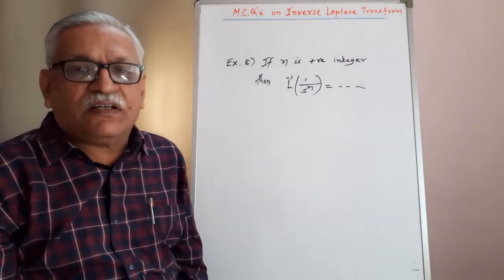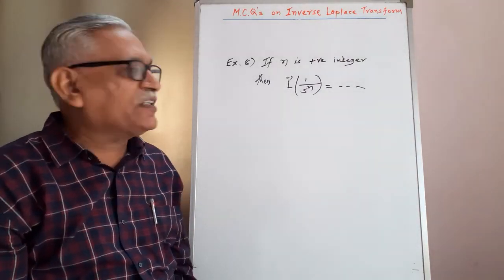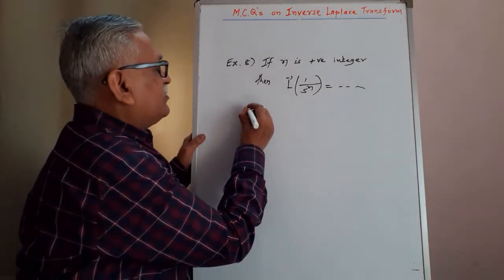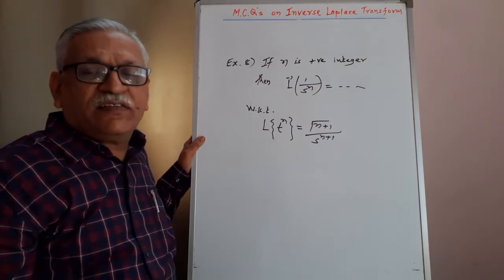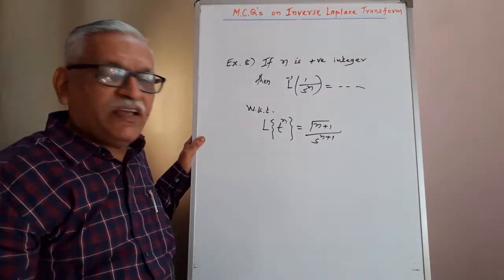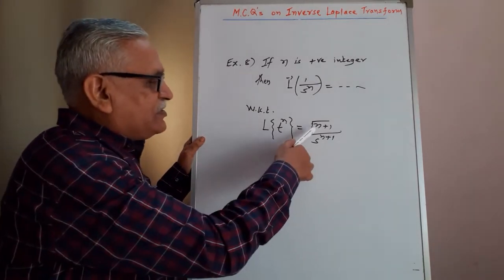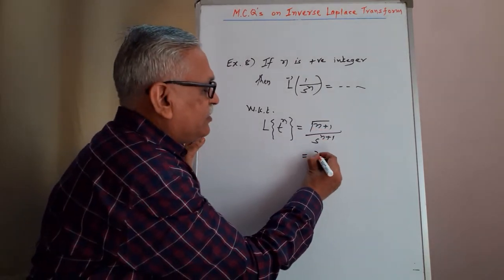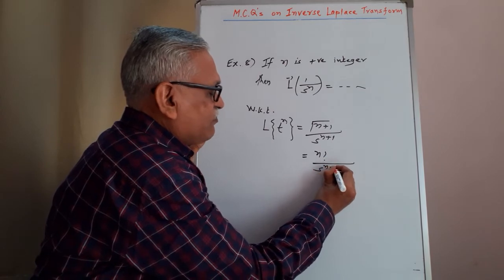Example number 8. Given the condition that n is a positive integer, inverse of 1 by s to the n is equal to, we know that Laplace of t raised to n is gamma n plus 1 divided by s to the n plus 1, and as per the property of the gamma function, if n is a positive integer, the value of gamma n plus 1 is n factorial divided by s to the n plus 1.